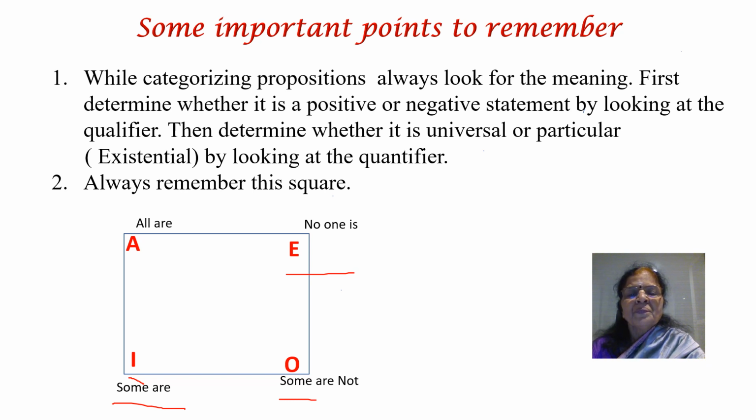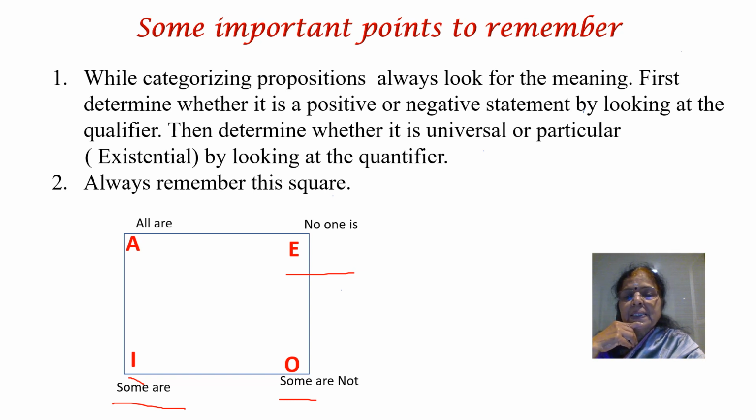And for O type, that is particular negative. Particular is also called specific or existential. Sometimes they use the term existential for particular. Here, some are not beautiful. Some ladies, obviously you can find it.